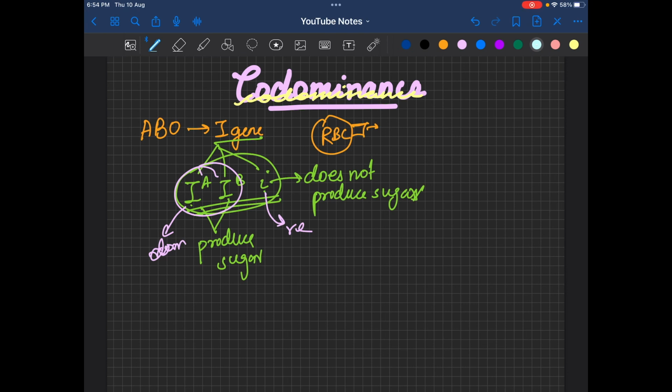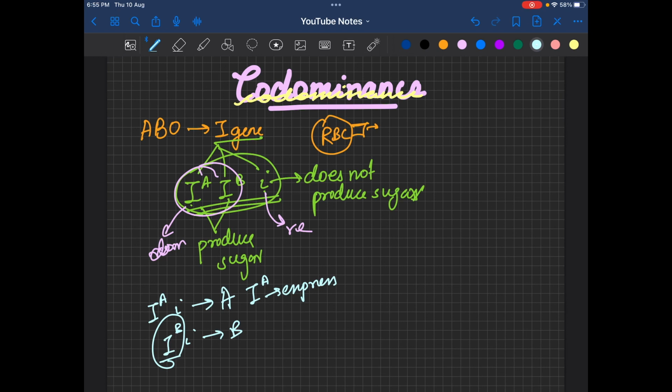Now when IA and small i are there, then the blood group will be A, that is IA alone expresses itself because it is dominant. If IB and small i is there, the blood group is B, because IB is dominant so it expresses itself. Small i cannot express because it is recessive.